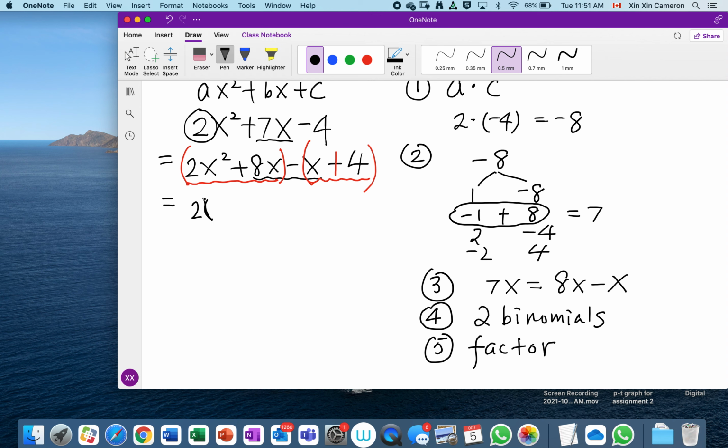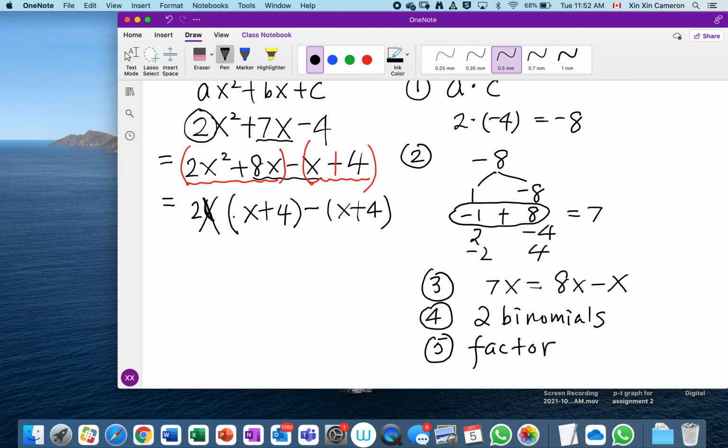Now here, because 2 and x are factored out, there's only one x left. Now this one, 8x, 2 is out, so 4 is left, and x is already factored out. Now my next binomial here is x plus 4.